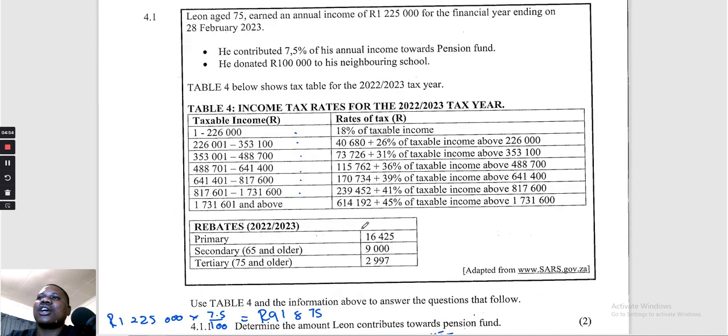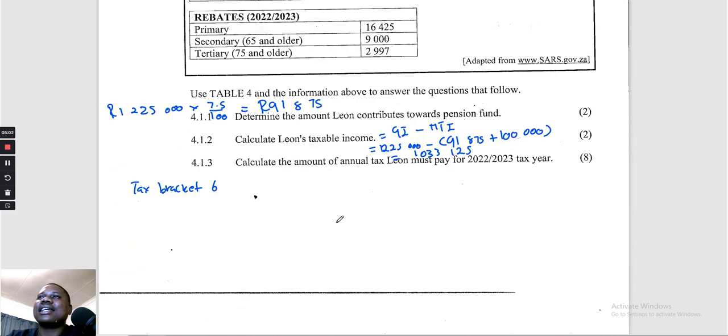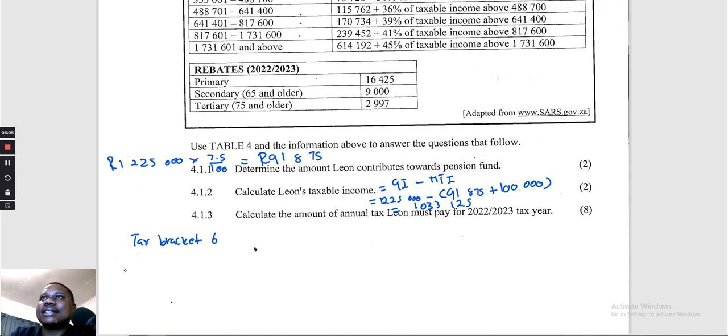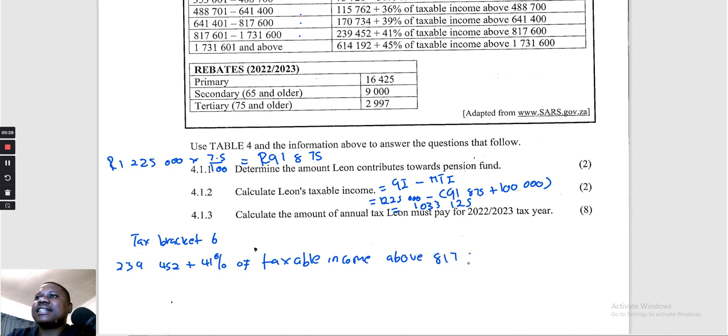Then after doing that, we go and check the rate of tax. When I'm talking about the rate of tax, I'm talking about the rate of tax for bracket number 6. What does it say? It says 239,452 plus 41% of taxable income above 817,600. You rewrite everything the way it is. Then our next step is to substitute.